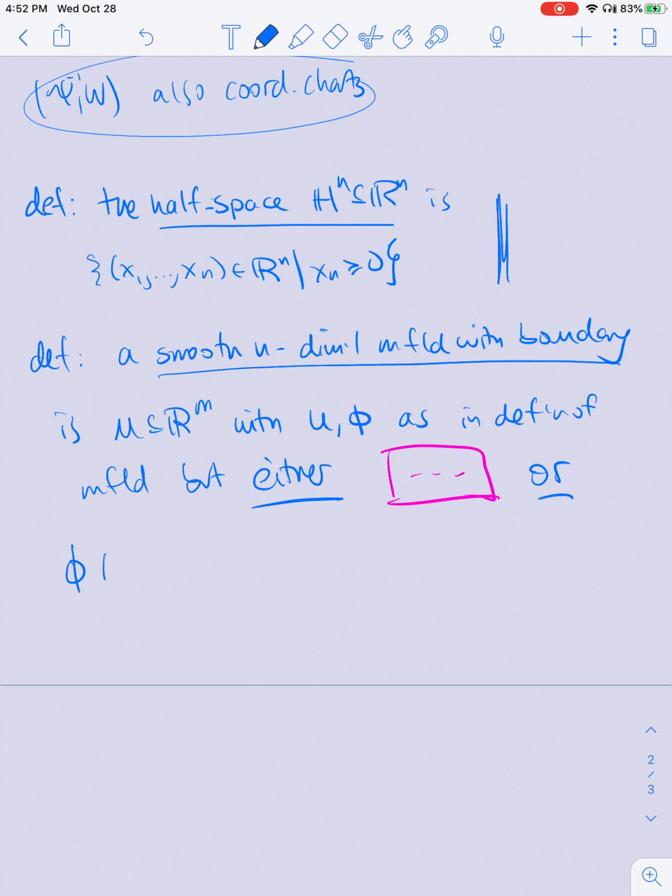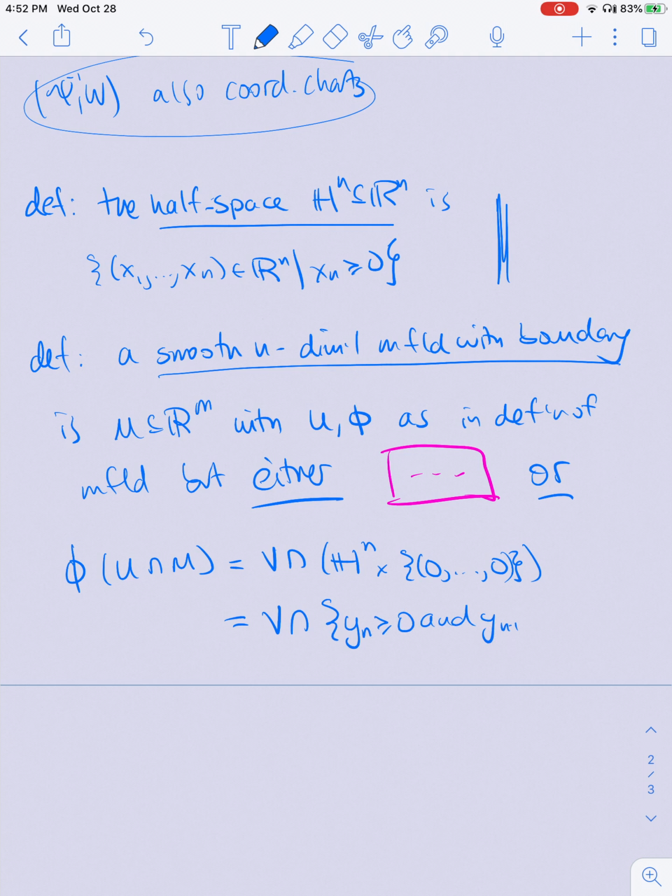So V intersect M is equal to V intersect the half space cross the point 0, 0, 0, which is just equal to V intersect all points in Rm where Yn is greater than or equal to 0 and Yn plus 1 is equal to 0, etc., all the way up to Ym equaling 0. And phi of P has Yn equal to 0.